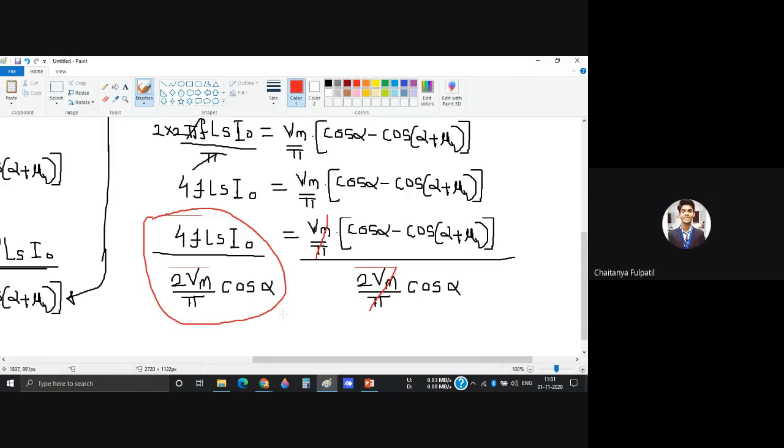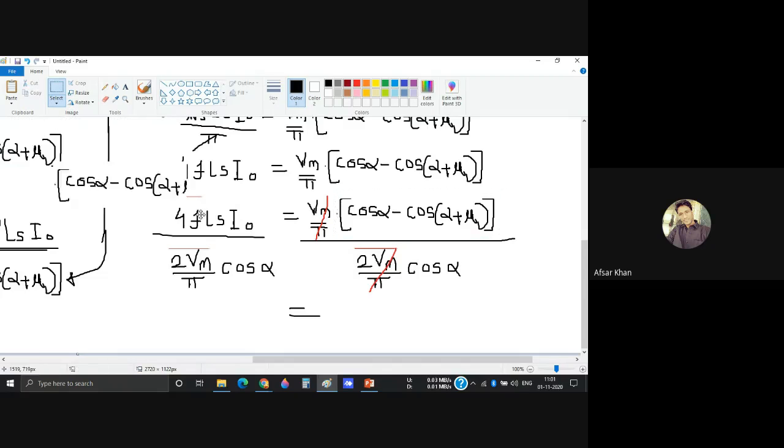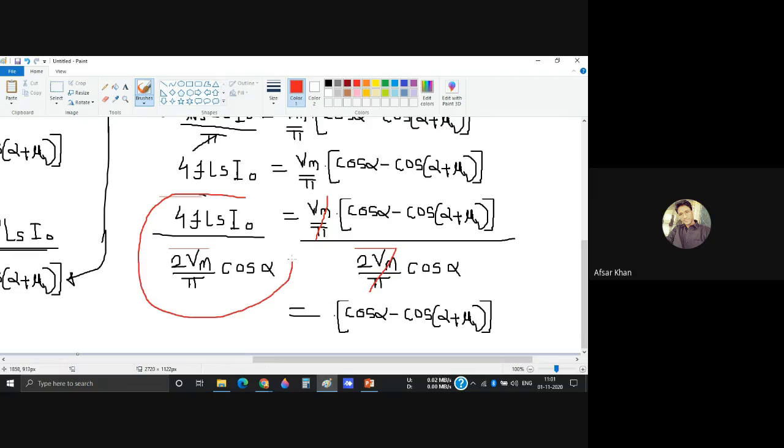And it is equal to, right here, cos alpha minus cos alpha plus mu. So we can write this as your regulation: R is equal to cos alpha minus cos alpha plus mu. So how to calculate?